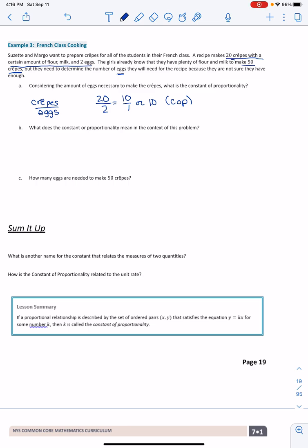And it says, what does the constant of proportionality mean in the context of the problem? What that means is they can make 10 crepes with 1 egg.